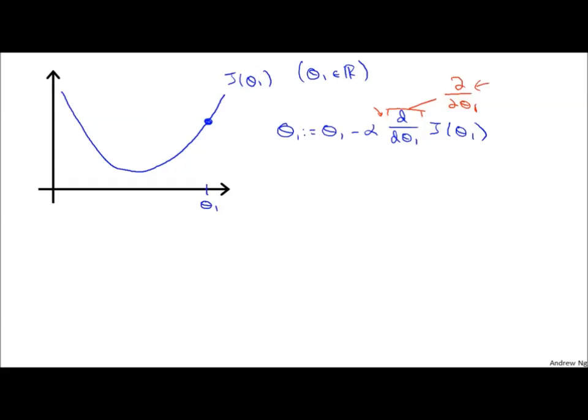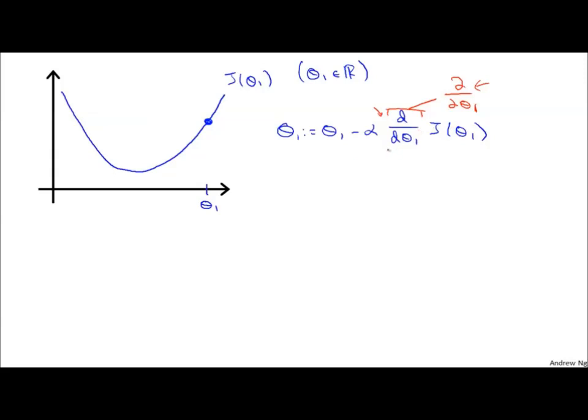For the purpose of this lecture, think of these partial symbols and d/d theta 1 as exactly the same thing. I'm going to try to use the mathematically precise notation, but for our purposes, these two notations are really the same thing.